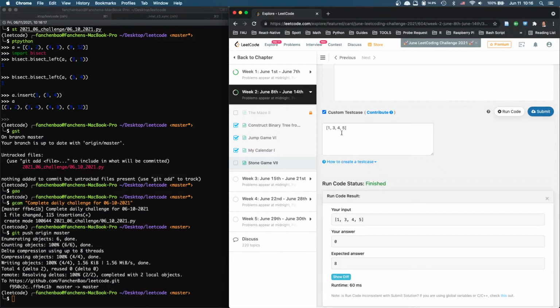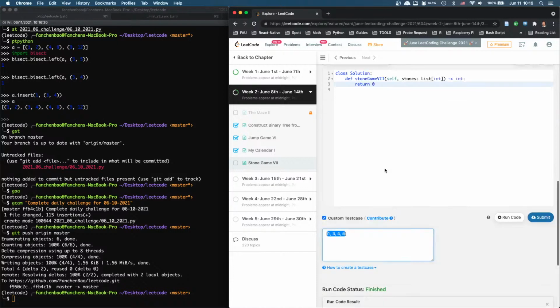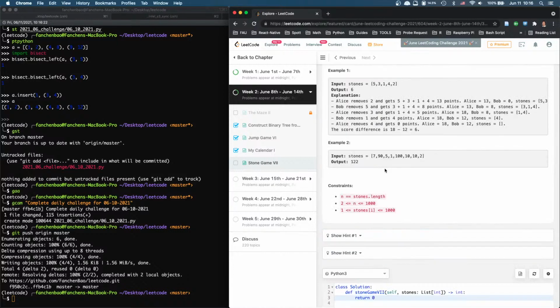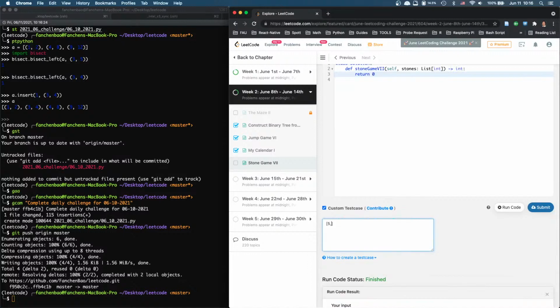But when the order changes, the result changes. 5, 3, 1, 4. When the order changes, the result changes.